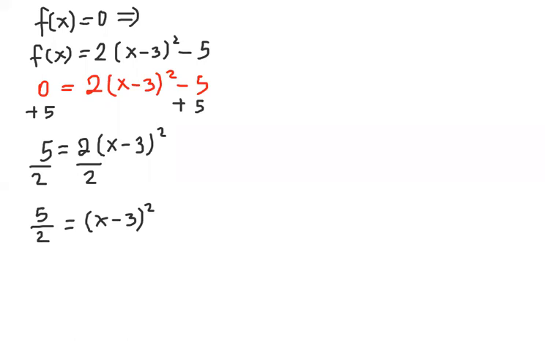Now I take the square root of both sides, so I get x minus 3 equals plus or minus the square root of 5 over 2.